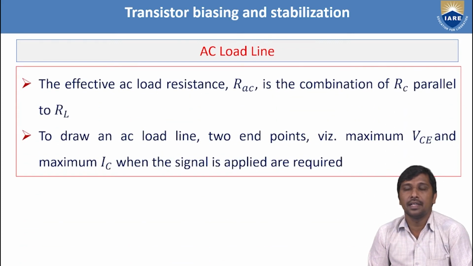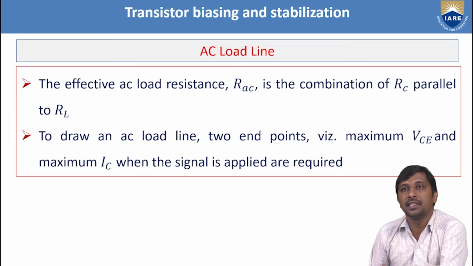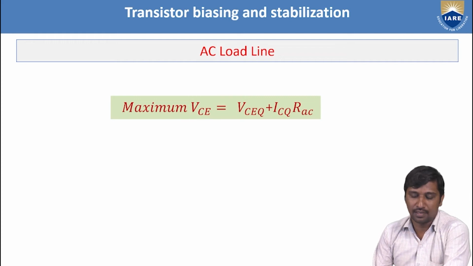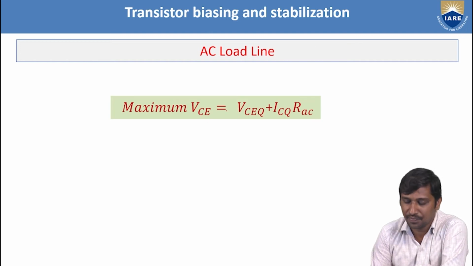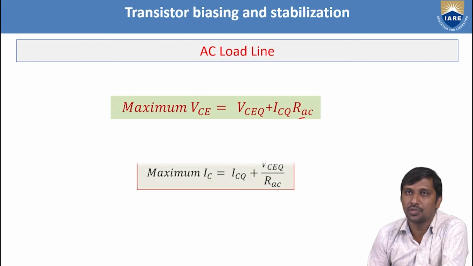Now we need to calculate how much maximum collector current and how much maximum VCE voltage will be generated with respect to this load line analysis. Now I'm going to calculate the maximum VCE under this AC condition.